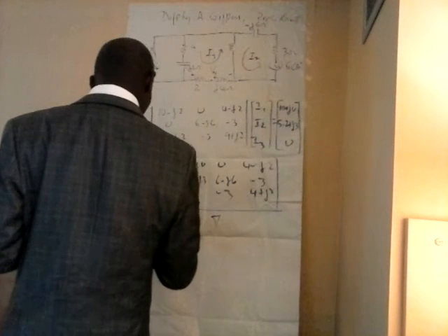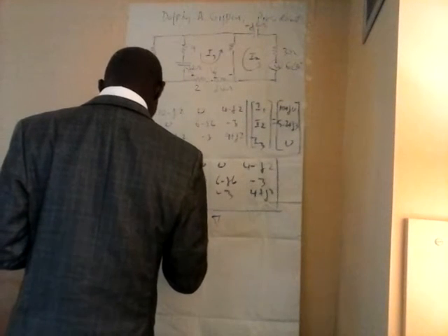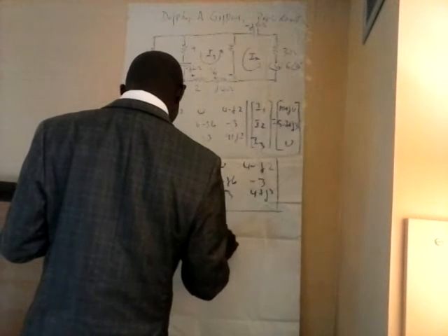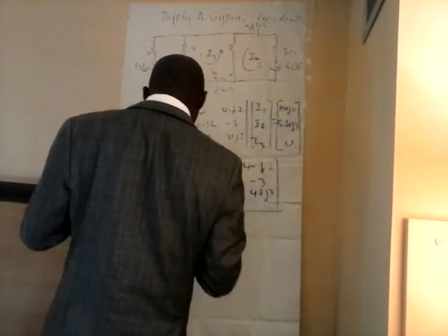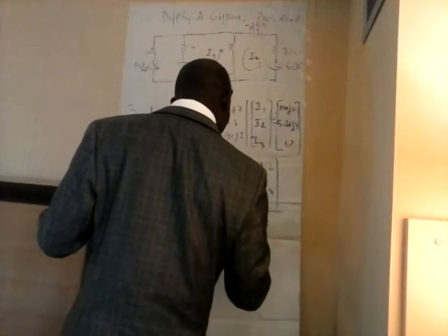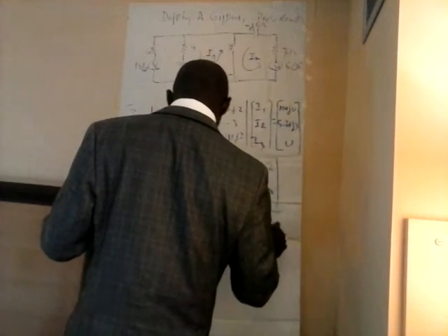And if we do the determinants we get now, that's equal to 648.2 at an angle of minus 40.95.